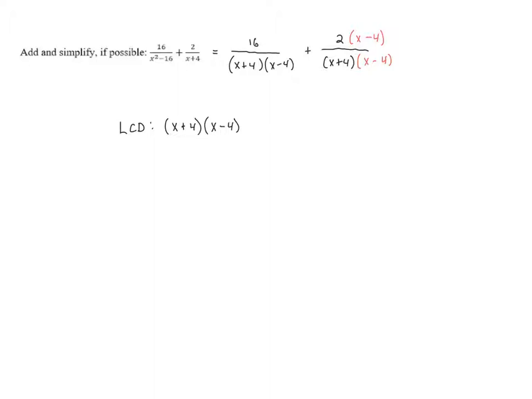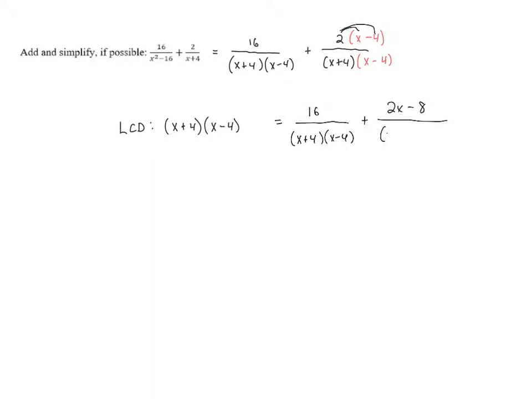All right, now we need to multiply out that numerator, the 2. So I'm going to keep the first one as it is because there's no multiplying we need to do in the top. But then in the second fraction, we can distribute that 2. 2 times x is 2x, and then minus 2 times 4 is 8.